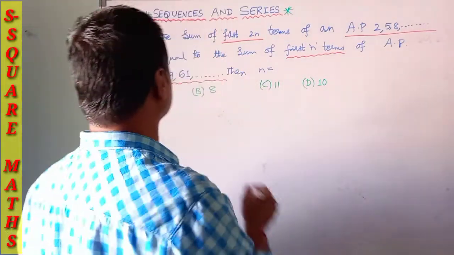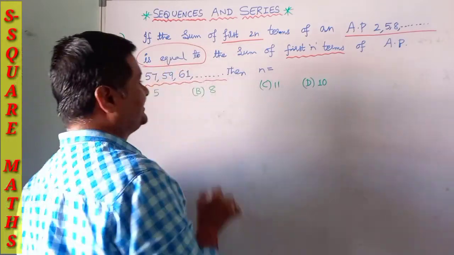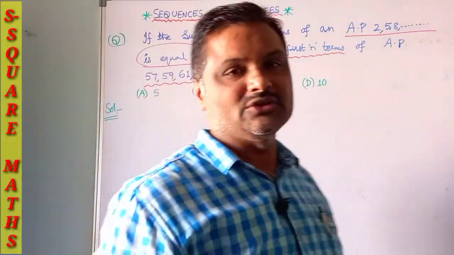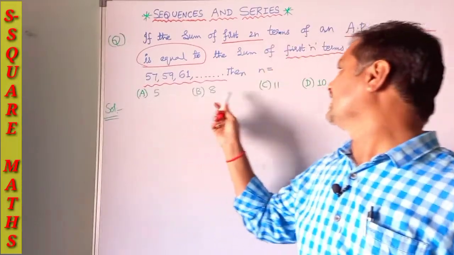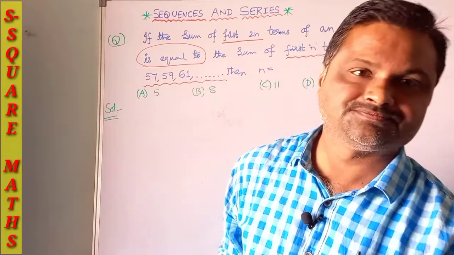They are equal. Then n takes which value? The options are 5, 8, 11 and 10, which we have to go through now.